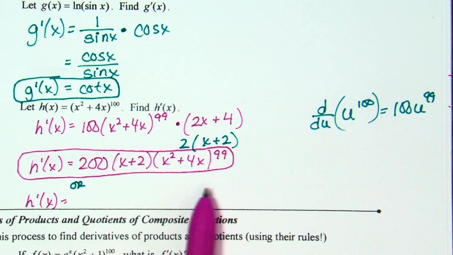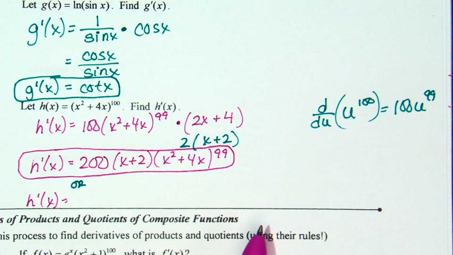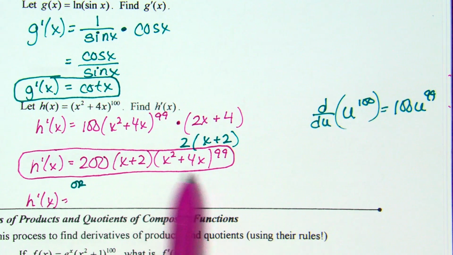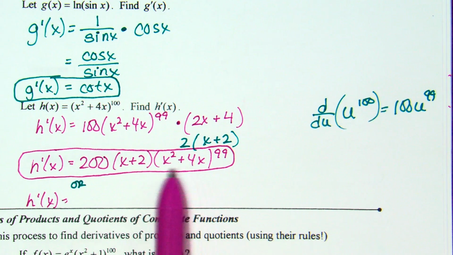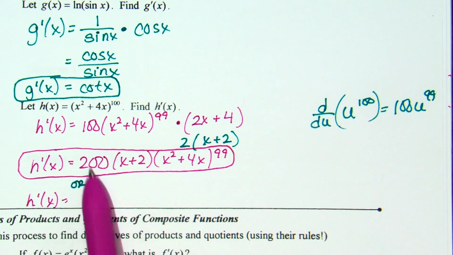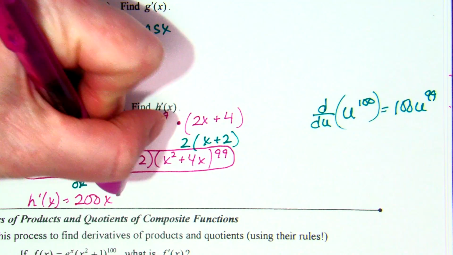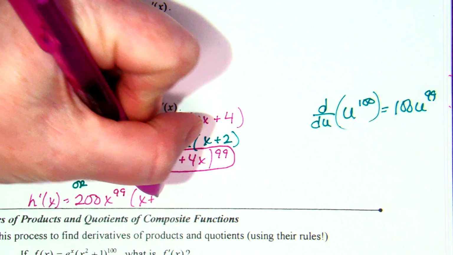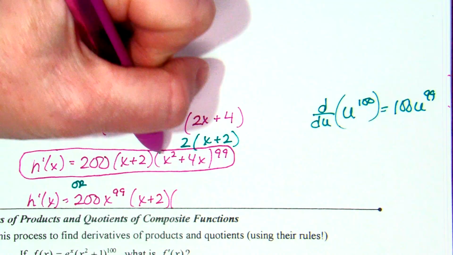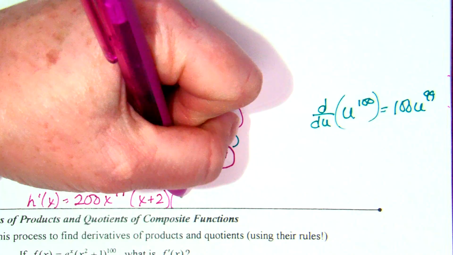We don't think of factoring like that very much, but that is another option, is that you can take that x to the 99th, since there's a GCF of x here, I would put it up with the 200 then. So then I have 200 x to the 99th, still times (x plus 2), and now my x squared plus 4 instead is (x plus 4) to the 99th.